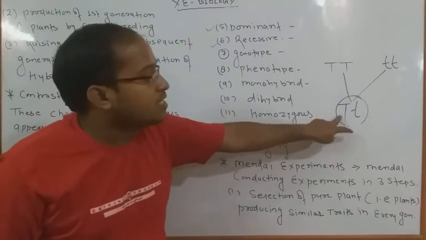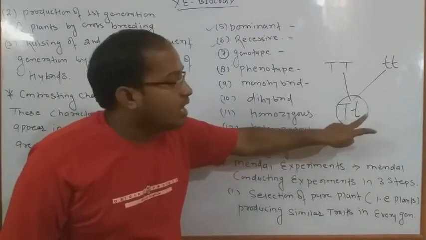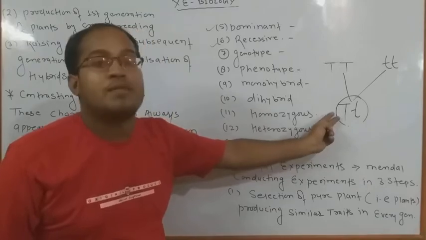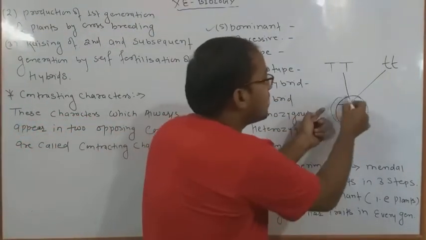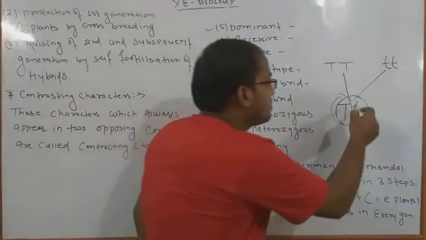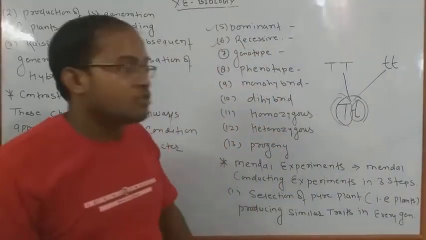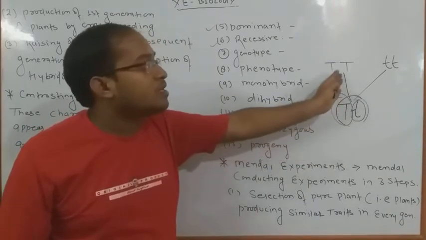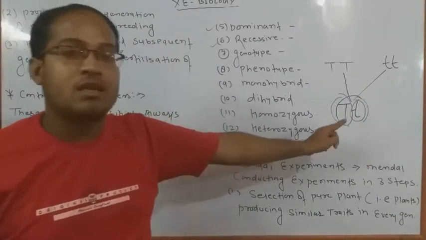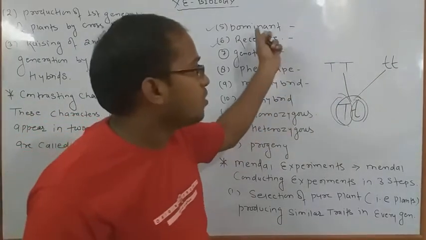It means capital T is superior to small t and small t is inferior to capital T. Due to the hybrid nature, small t is always small and capital T is always capital. These are the exact clarifications of dominant and recessive.